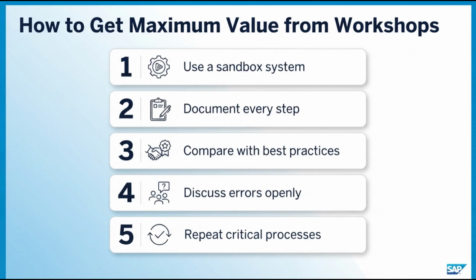To get maximum value from the workshops, follow a few simple tips. Always practice in a sandbox or training system where mistakes are safe. Write down the steps and T-codes as you perform them. After completing an exercise, compare your approach with the standard process taught in the course.